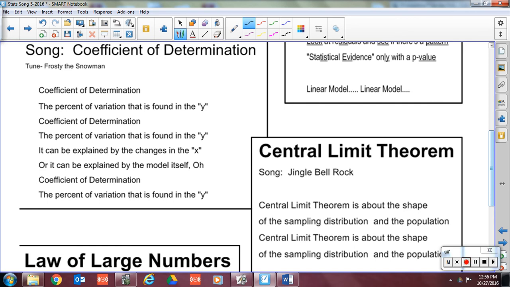So the percent of variation in the Y. For example, we were saying 92% of the fluctuation in sales.